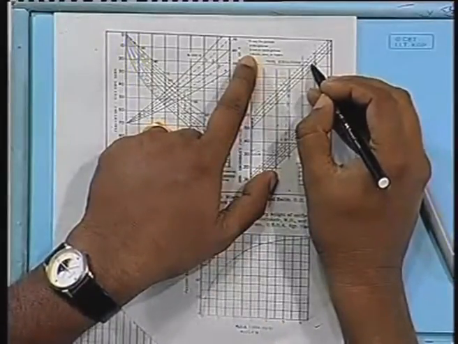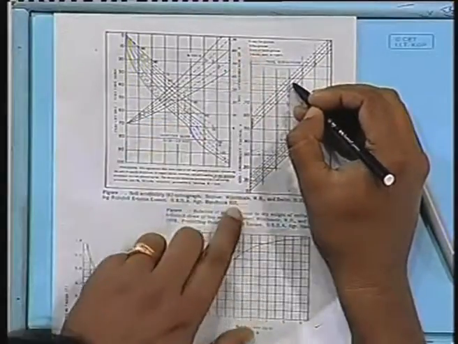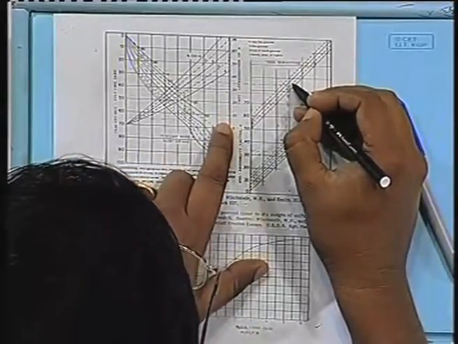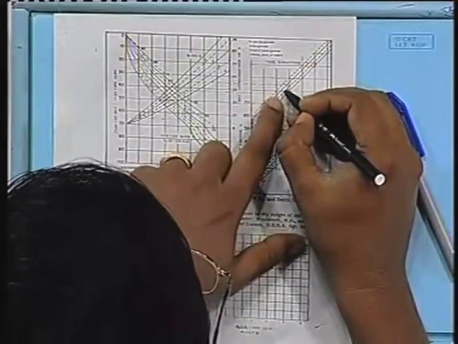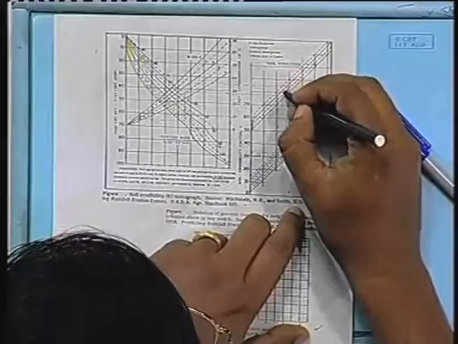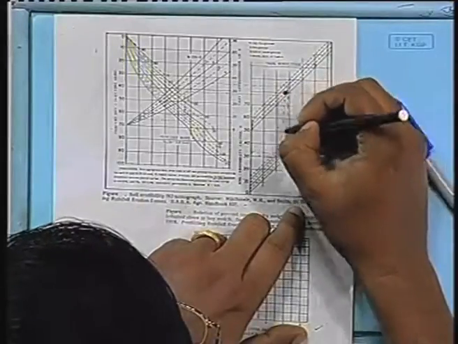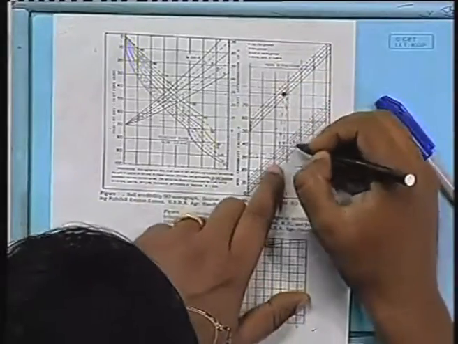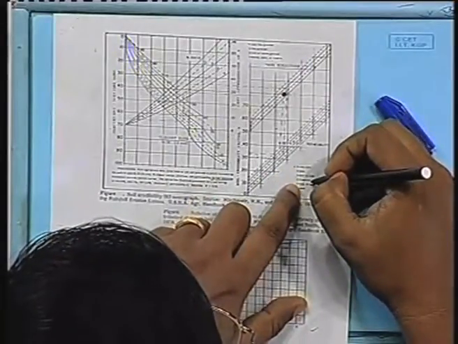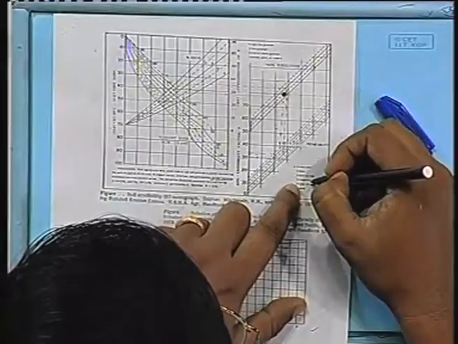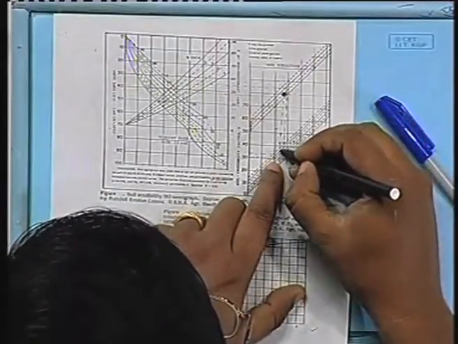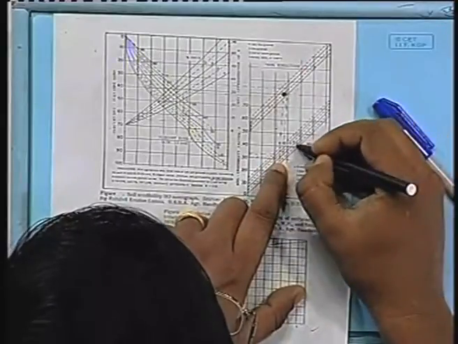Similarly, we have said the permeability is 3, moderate, so this permeability 3 is on this firm line.